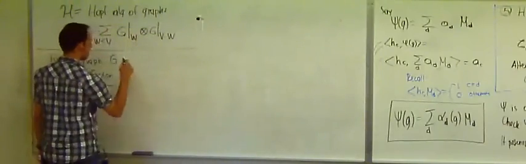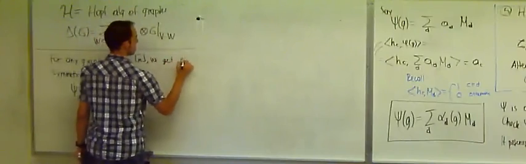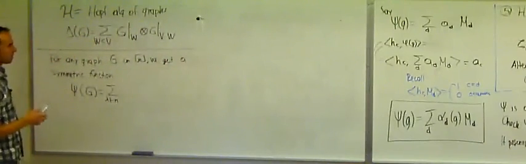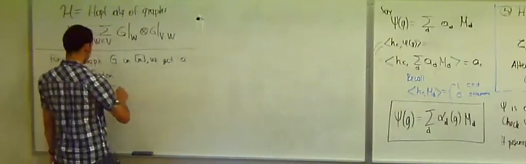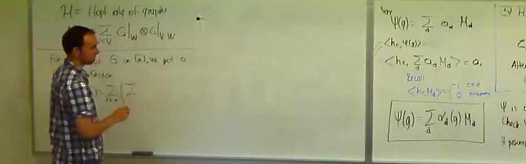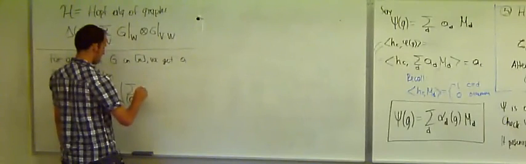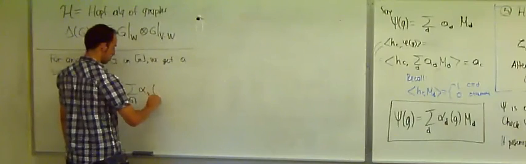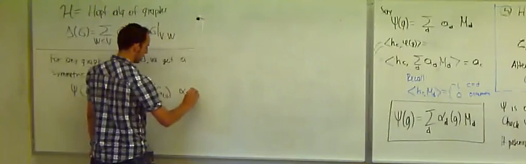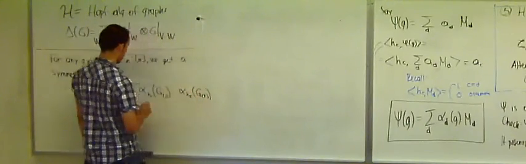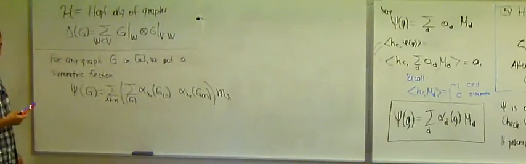For any graph G on n vertices, we get a symmetric function, which looks like this: sum over lambda in n of the sum over the coproduct of G of alpha lambda 1 of G1 dot dot dot alpha lambda k of G k, times M lambda. This is what I get, right?